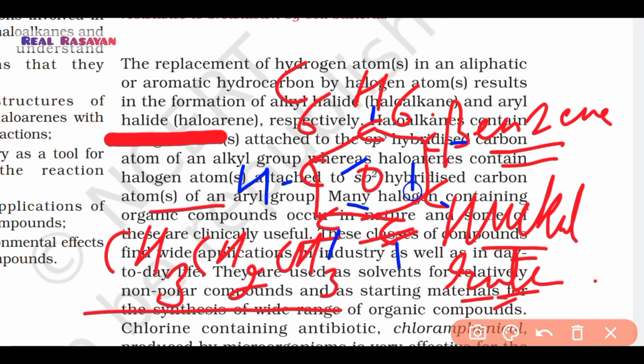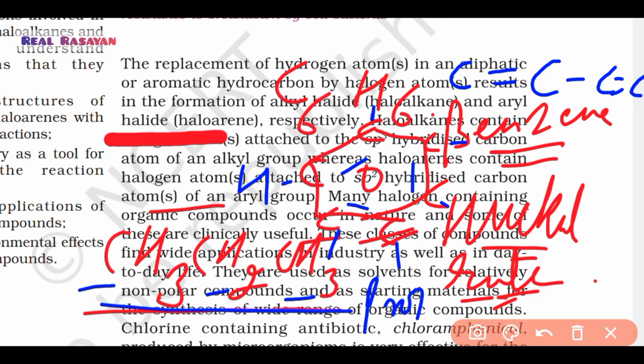Conjugated system is a system in which carbon is connected to the other carbon with double followed by single and then double bond. So there is an alternate double bond present between the carbon atoms. Simply, C6H6 is benzene, aromatic in nature, and this is propane, CH3, CH2, CH3, aliphatic in nature.